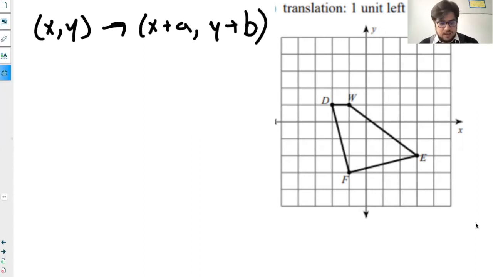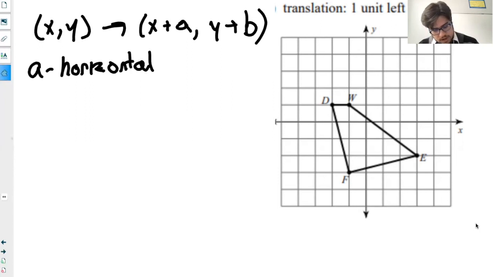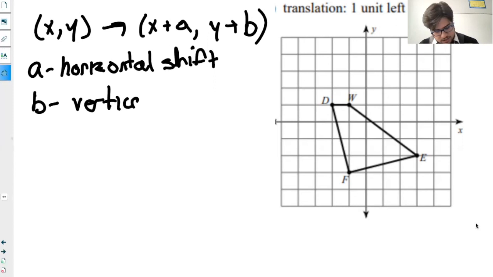In this case, our a is our horizontal shift. Keep that in mind because this is a very common phrase to use for horizontal and vertical shift, the A and B values. This is not just used in this one skill. Many times you will refer to the A value as a horizontal shift, and so B is our vertical shift.